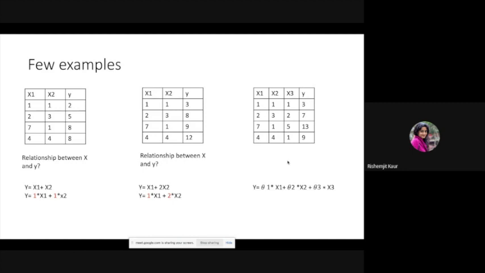Now you can say that if it is so simple getting the relationship between input and output, then why do we really need a machine learning algorithm? I can just look into the data and say, okay, this is the relationship, this is simply a line, right? But this problem becomes very complicated when you have many different variables. Maybe you have hundreds of variables, can you do it manually?